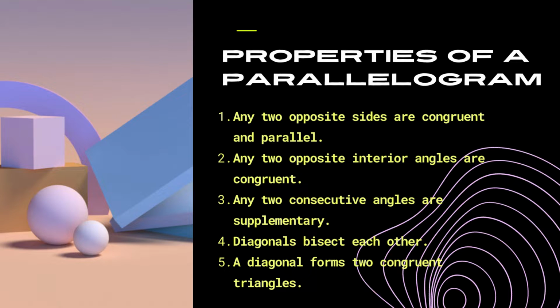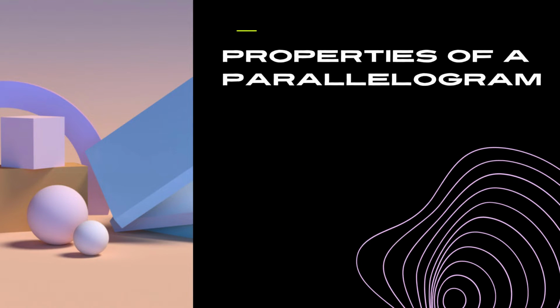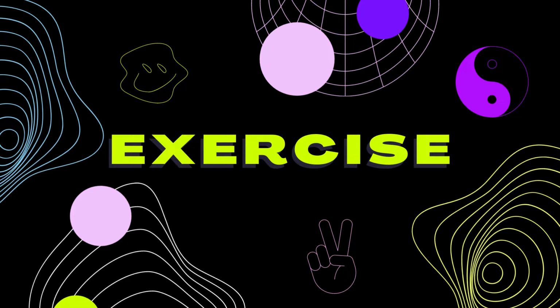Okay, take note of these 5 properties again. For we have another batch of exercises which will help us achieve our third objective, which is to be able to apply the conditions and properties we've tackled to solve mathematical problems.